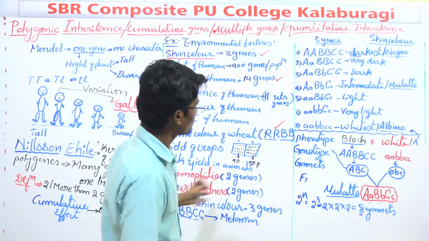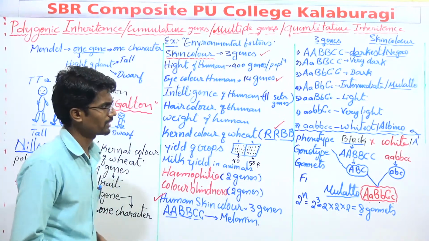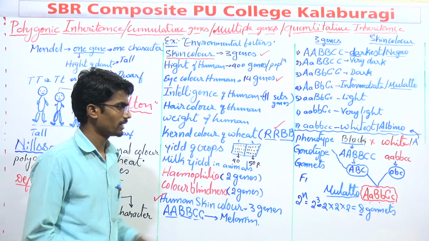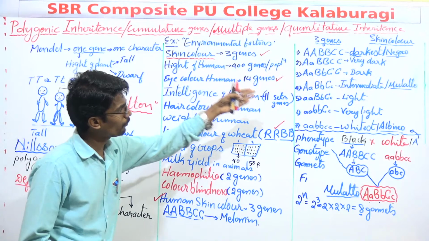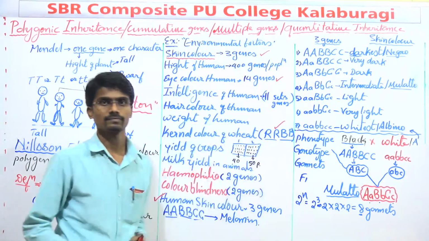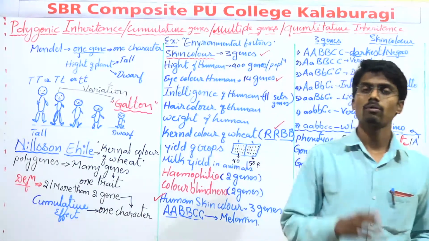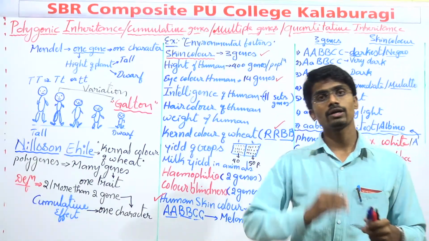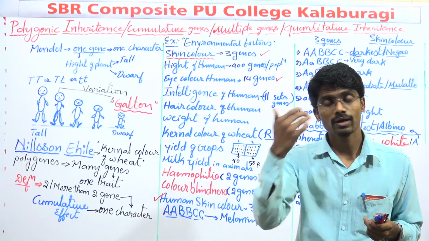Dear student, this is the main important concept of what? Polygenic inheritance. Got it? These are very important for your examinations. You must remember every point in this form. Now we will discuss how gametes are produced, what the phenotypic ratio is, and what questions they ask in competitive exams.